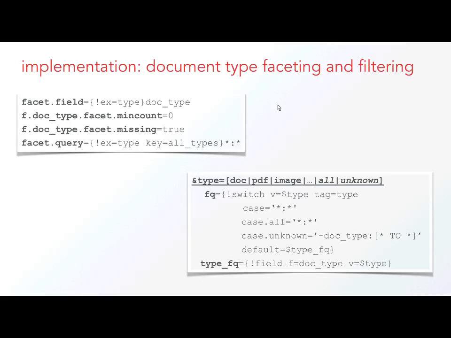So that's the trick that we use to show all type counts, unknown type counts, and then also we have this exclusion thing. That exclusion allows us to exclude the current filter for doc type. This allows us to show counts for the other types even though we're filtered to a specific type.